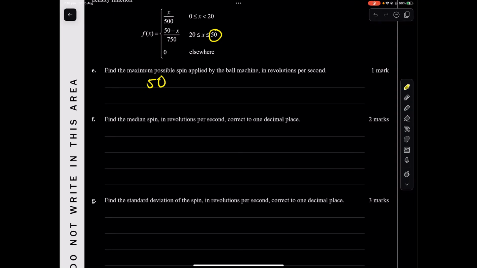It's 2 marks, so we want to find the median. So it would be half equals the integral from 0 to a of f of x dx, and we want to find the value of a. So let's actually define it.